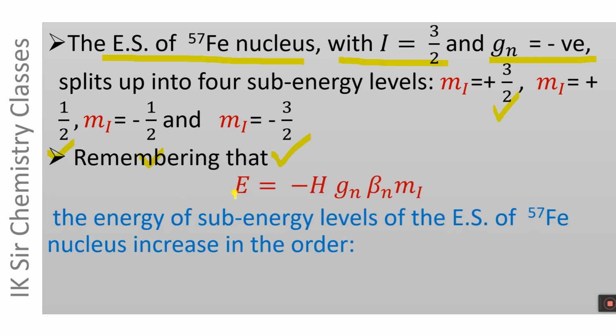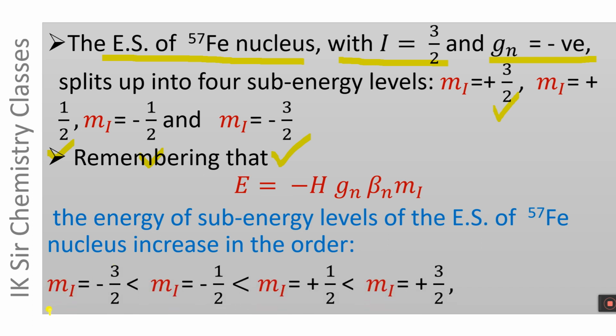Remembering that E equals minus g_N beta_N m_I, the energy of these sub-energy levels of the excited state of the Fe-57 nucleus increases in the order. This one has the lowest energy, while this one has the highest energy.